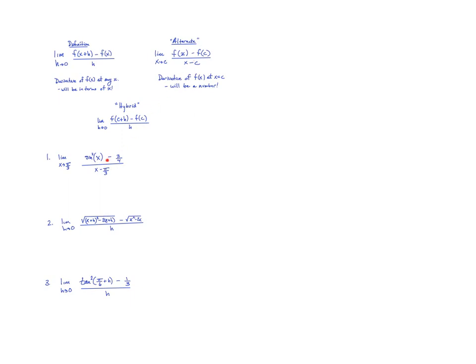We definitely see that this first one has to be one of these alternate forms. It's going to be the derivative of some function evaluated at x equals pi over 3. So for number 1, I know it's this alternate form right here. And we can see that f of x is the function in the upper left-hand corner, sine squared of x. So we identify f of x is sine squared of x.